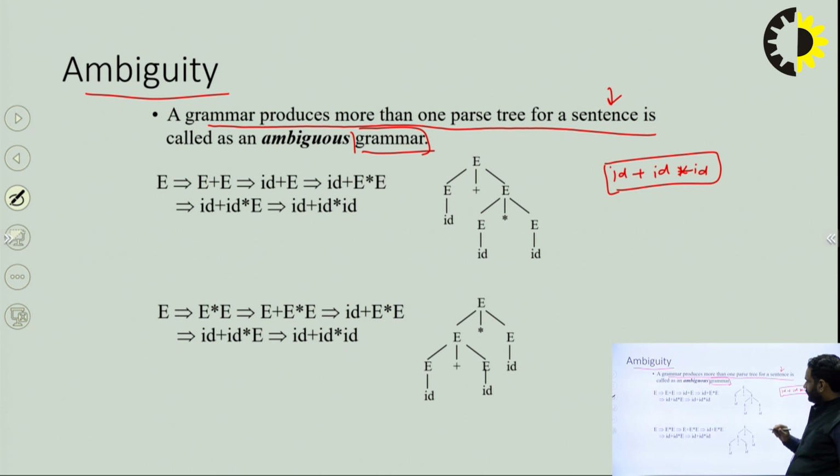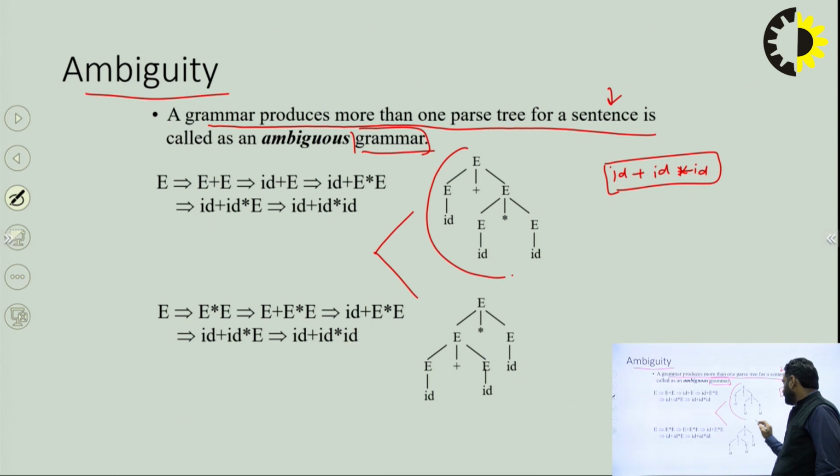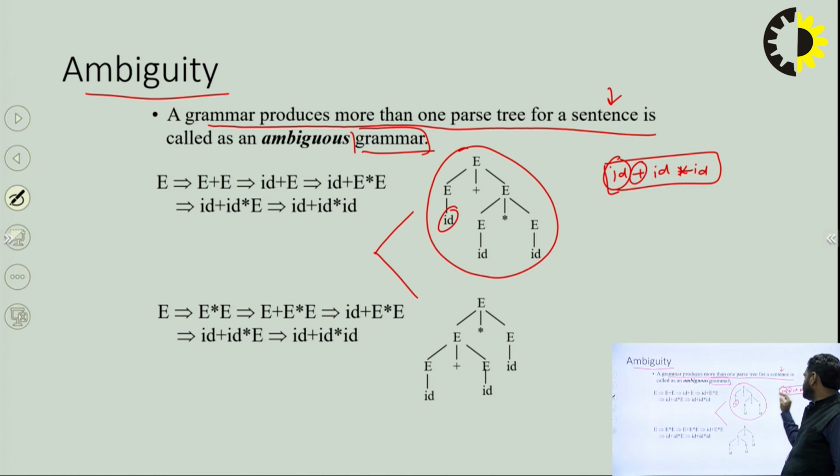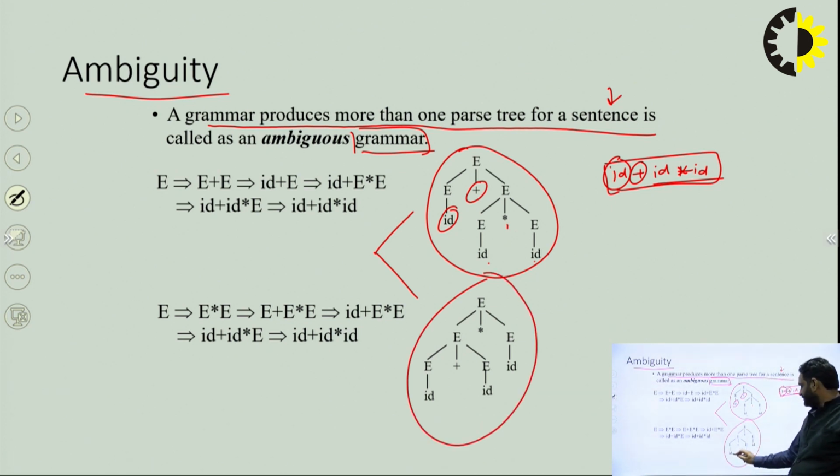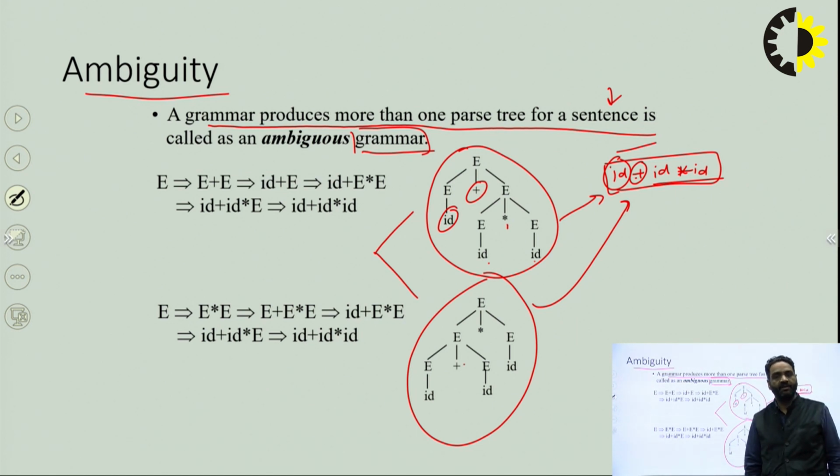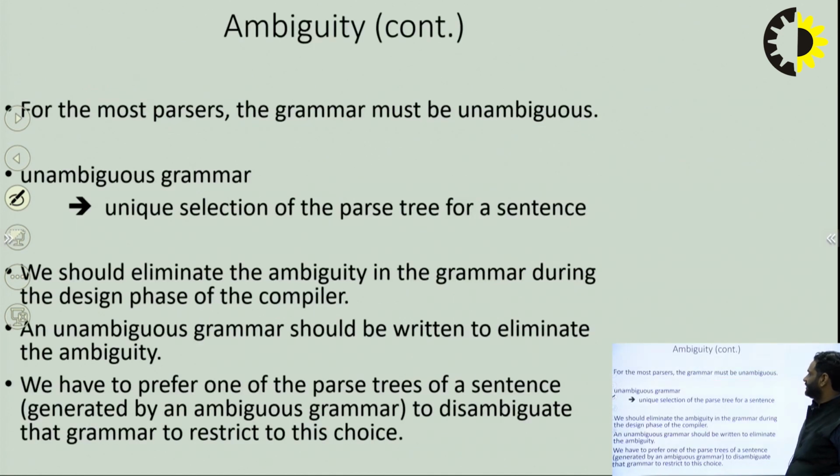We are forming a parse tree. So we have two ways. In the first way, we get this one, matching the first symbol, then plus, and so on through the third, fourth, fifth symbols. And in the second approach, we again find the first symbol matches, second symbol matches, third symbol matches. So this is also a parse tree of this string. If we find more than one parse tree of a sentence or a string, then this grammar is known to be ambiguous grammar. I think you all understand this one.